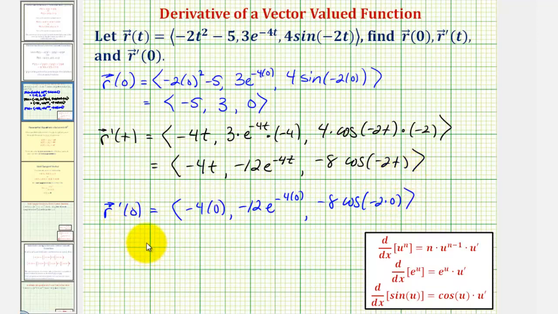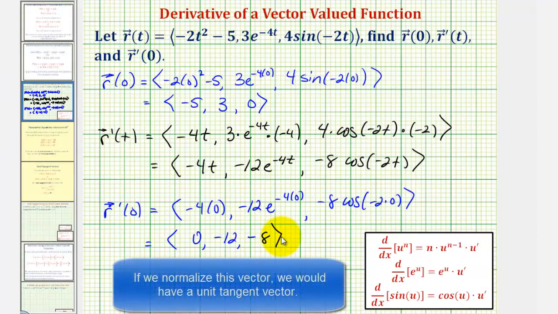And simplifying one more time, the x component would be 0, the y component would be negative 12 times 1 or negative 12, and since cosine 0 is 1, the z component is negative 8. So again, this vector here is a tangent vector at the point on the curve when t equals 0, and it points in the direction of increasing values of t.